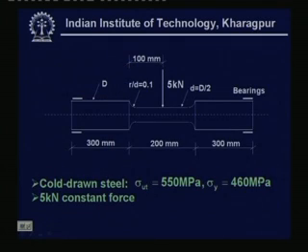Now, let us look into a small problem. I think you can see that a machine member has been chosen, almost similar to what we called a specimen for fatigue test, and let us assume that at the middle of the specimen a 5 kilonewton force is acting and the shaft is continuously rotating.